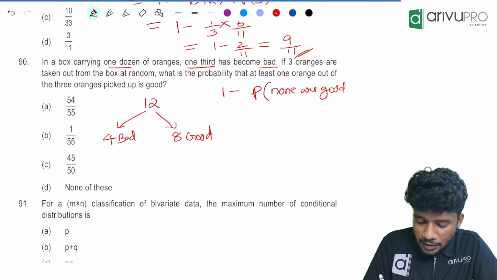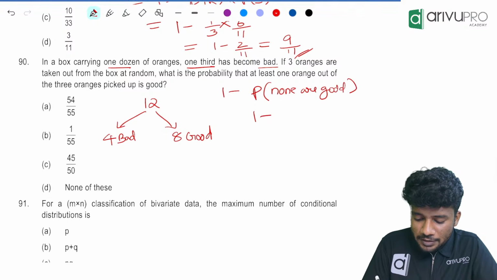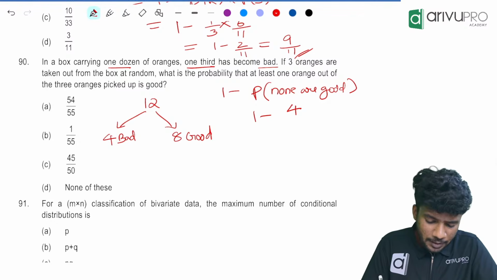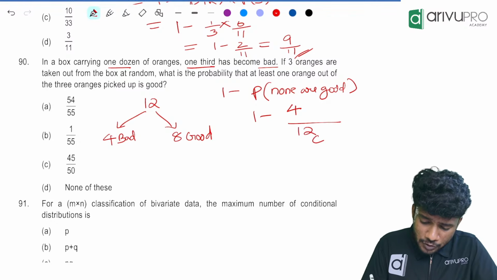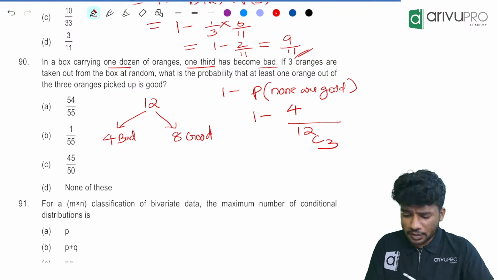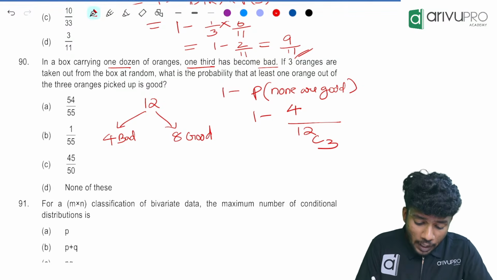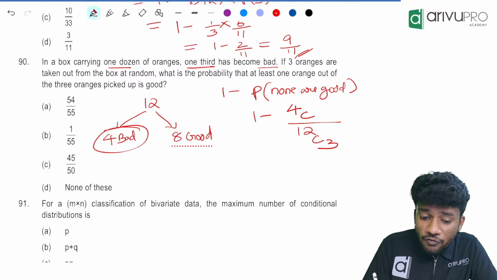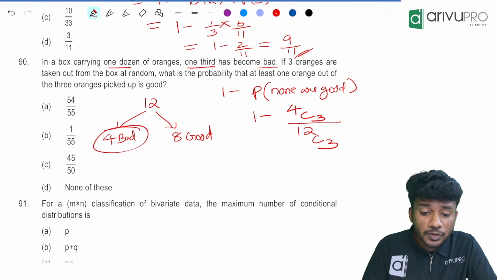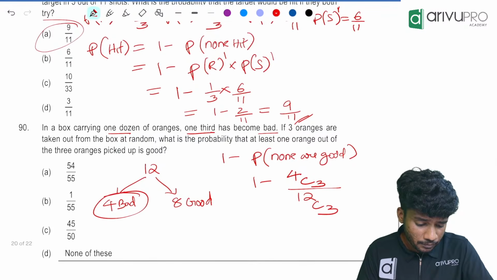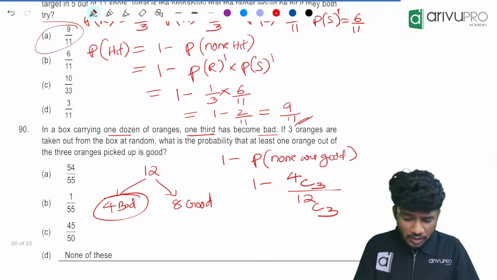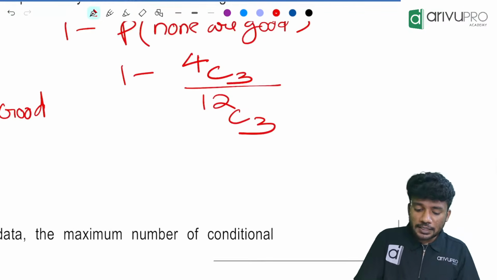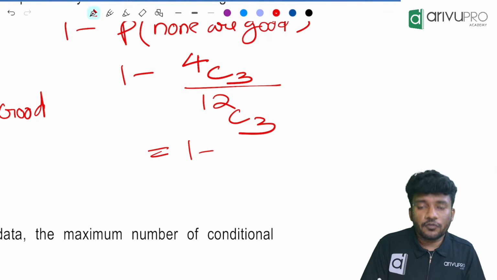So people, from 12 I am choosing 3. Now none are good means all should be bad. From bad means 4C3 I should take. Correct? Not option A is the answer. Harini, check again. Okay. So the answer is equal to 1 minus 4C3 divided by 12C3.